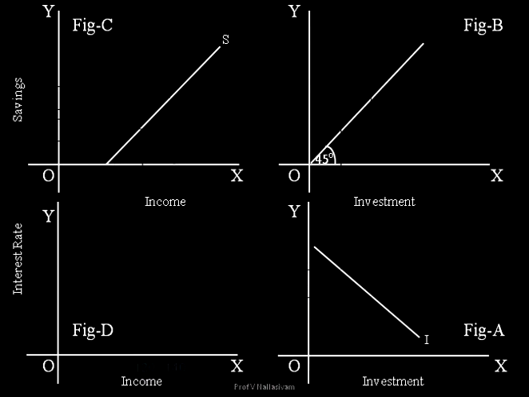Now we shall proceed to construct the IS curve. The prevailing interest rate is 6%. The planned investment is 20 rupees. The income level is 120 rupees. The planned savings is 20 rupees.